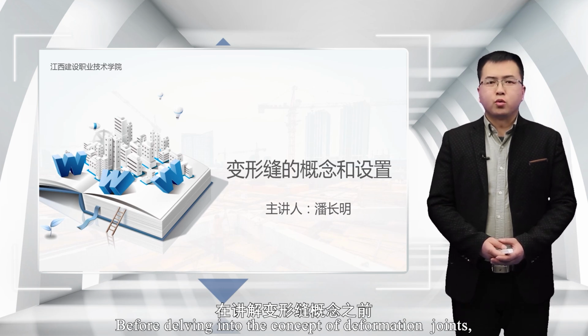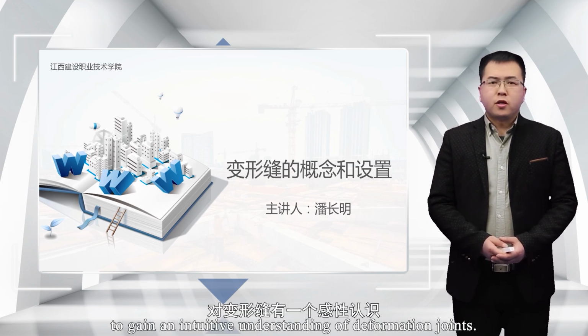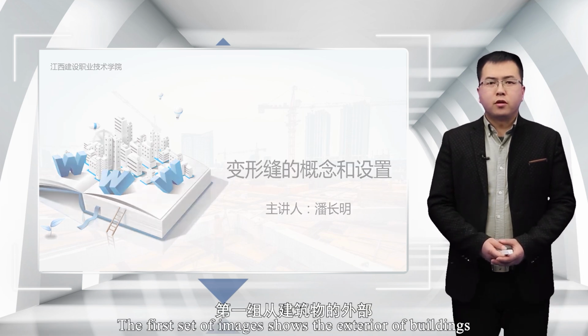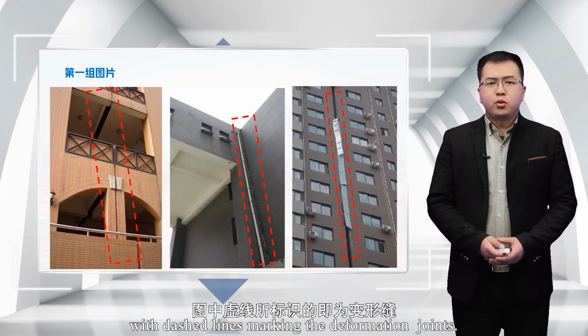Before delving into the concept of deformation joints, let's first take a look at three sets of pictures to gain an intuitive understanding of deformation joints. The first set of images shows the exterior of buildings, with dashed lines marking the deformation joints.